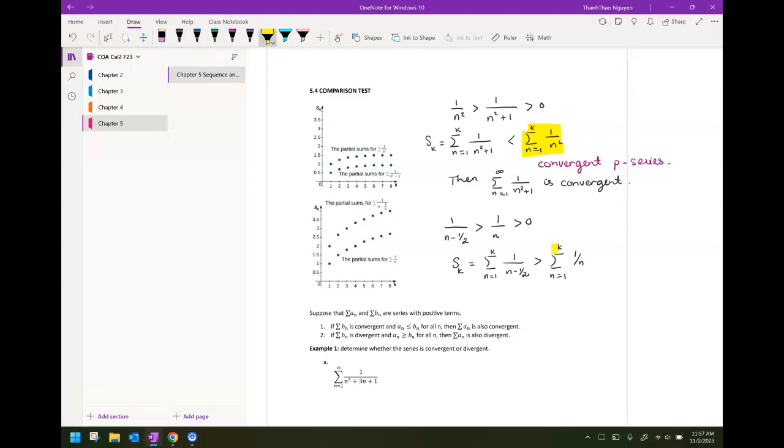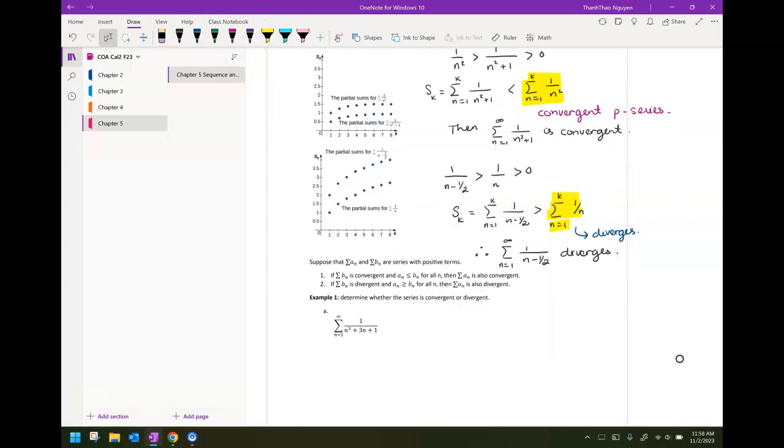Note that this series here is divergent. Now, since we have something that is greater than a divergent series, this is telling us that this sum is also divergent.